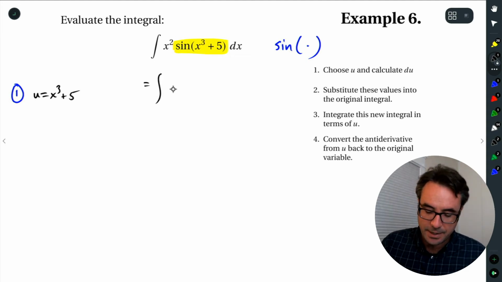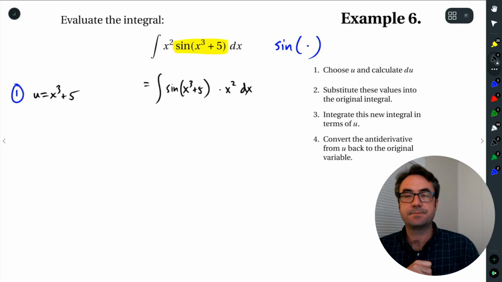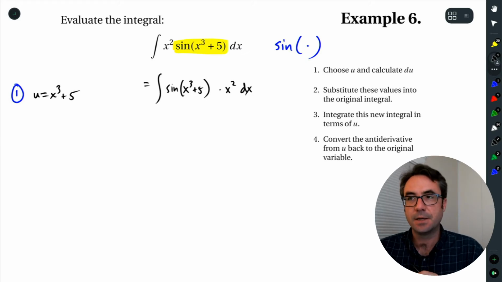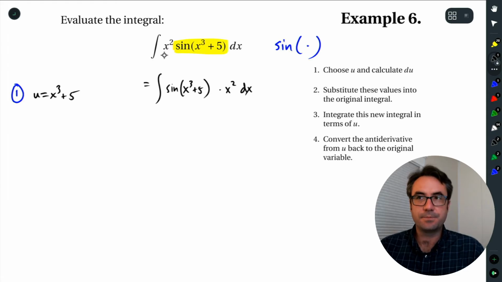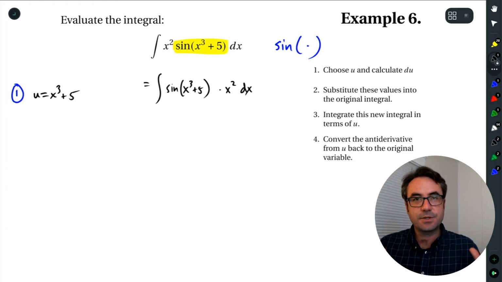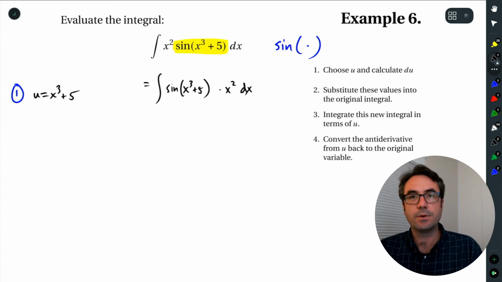So I'm going to rewrite this as sine of x cubed plus 5 first, and then times x squared dx at the end there. All right. Because what's going to happen with this leftover term is that it's going to combine in some way with that differential once we start doing our substitution.